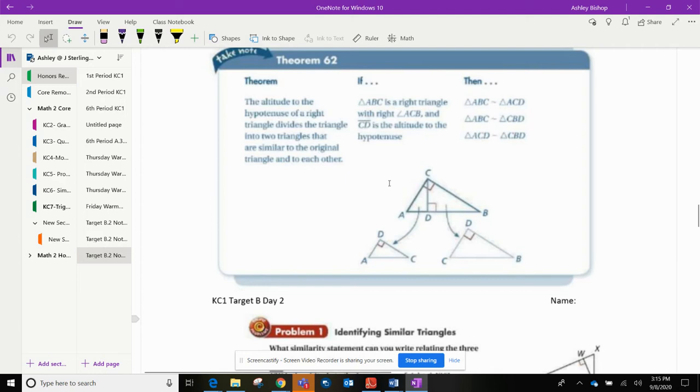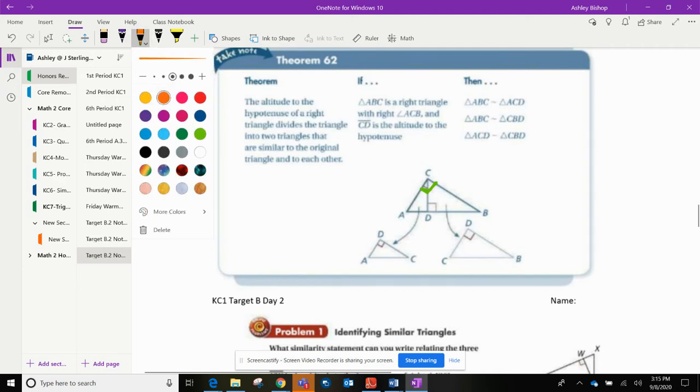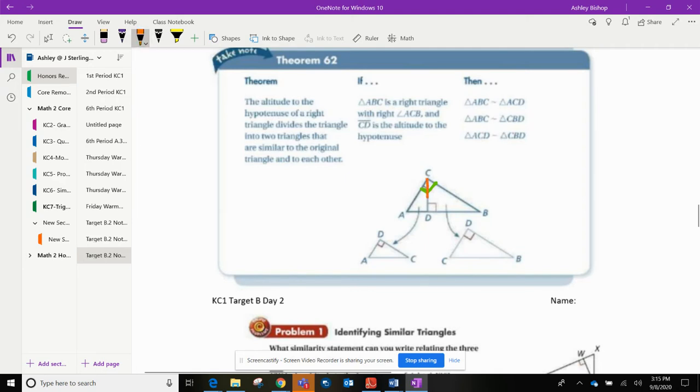But we're learning about the altitude theorem, one of the many. So basically, when we have a right triangle, so here we have a right triangle because it has a right angle in it. When we have a triangle with a right angle inside of it, we can drop an altitude. We can drop an altitude that'll give us 3 similar triangles all in one.